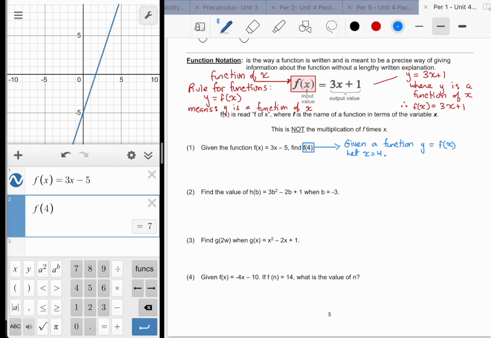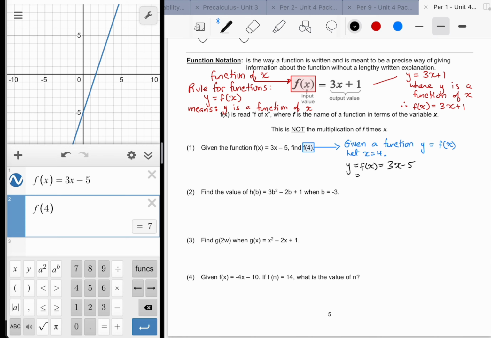All right. So in this case, we have some function y equals f of x, which in turn equals 3x minus 5. They're saying let the x value equal 4. So y is a function of x.